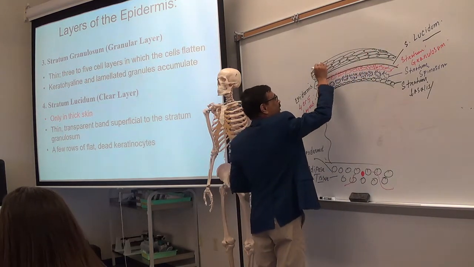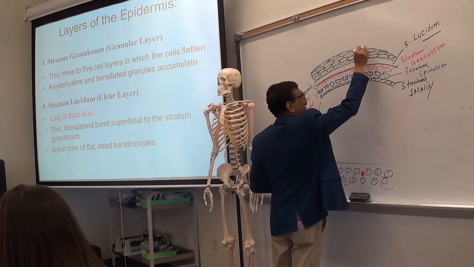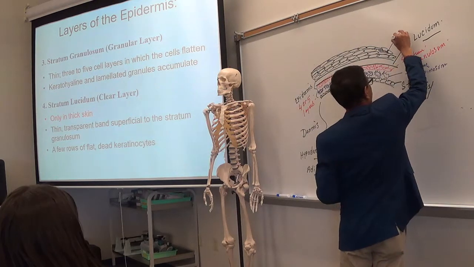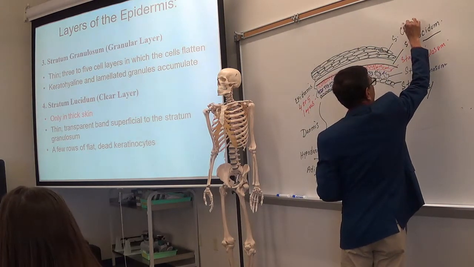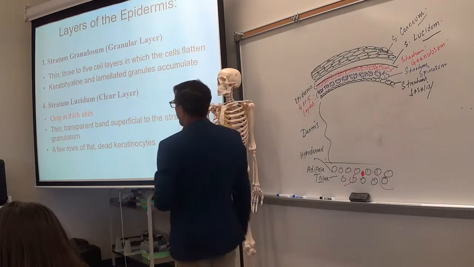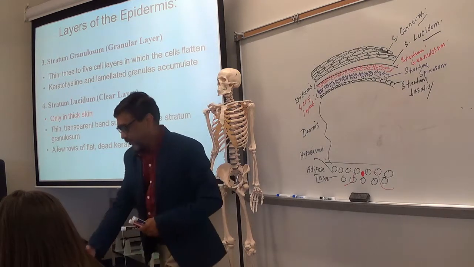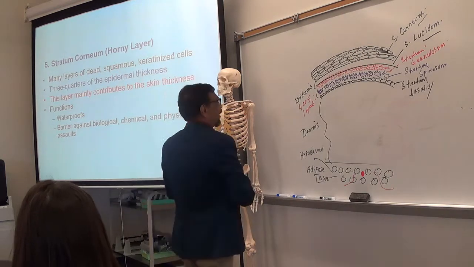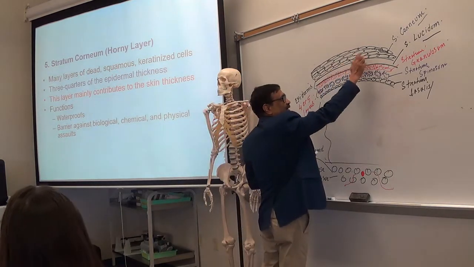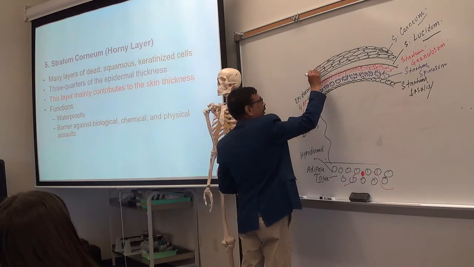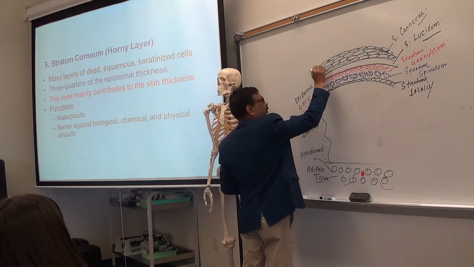This is called stratum corneum, the outermost layer. And many of these flat cells, remember, are dead flat cells, but filled with that highly specialized protein I mentioned before, that is called keratin.